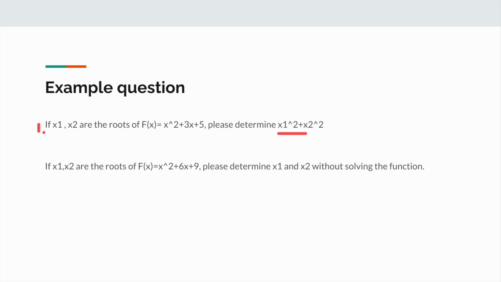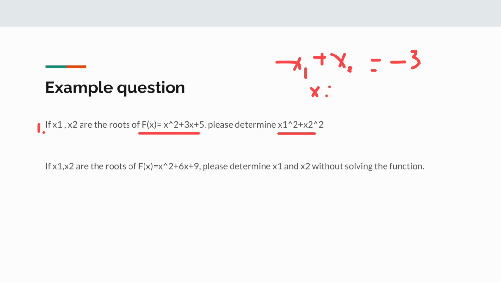The first question is asking about x1 squared plus x2 squared, and by Vieta's formula we first find x1 plus x2. In this case, it's negative 3 divided by 1, so it is negative 3.